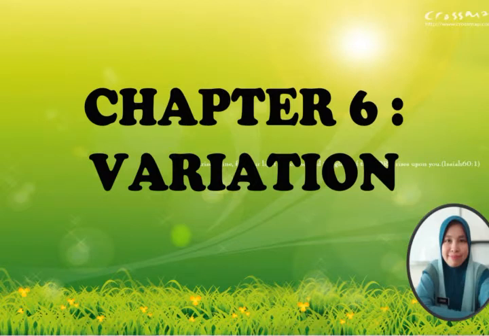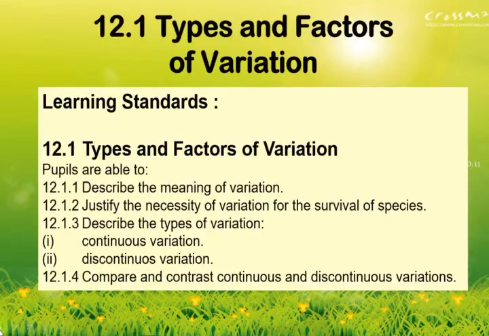So let's continue our lesson today with chapter 6, variation. Alright, so let's go to the learning standards that you have to cover for today. Today we are going to learn 12.1, types and factors of variation.